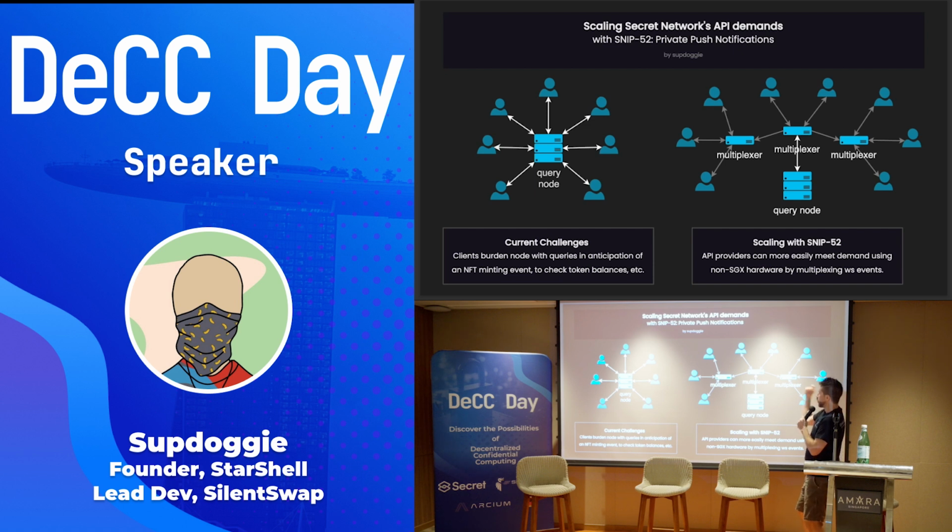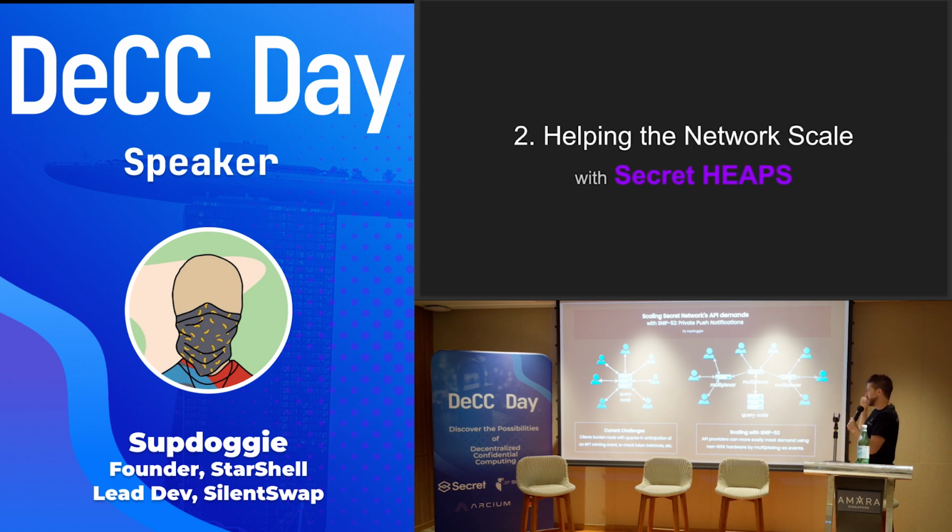What we're able to do now with this new feature called private notifications is offload some of that workload. We can move it away from those secret nodes because they have plenty of work to do. We're just going to take some of it away and create these multiplexers, which is just regular old, very simple computers, like you could run it on a Raspberry Pi if you wanted, that don't require SGX and can handle some of that work. That's the basic idea. Next slide, please.